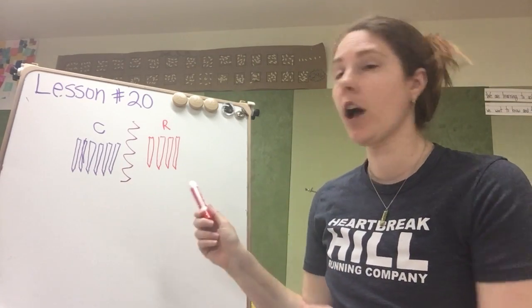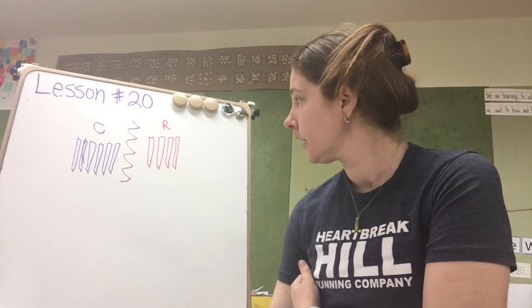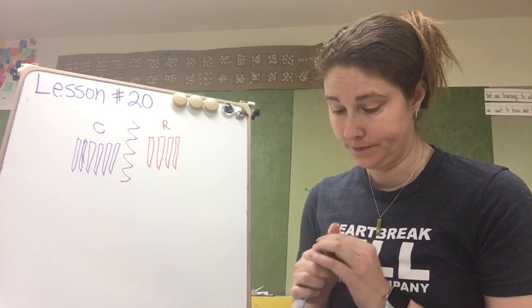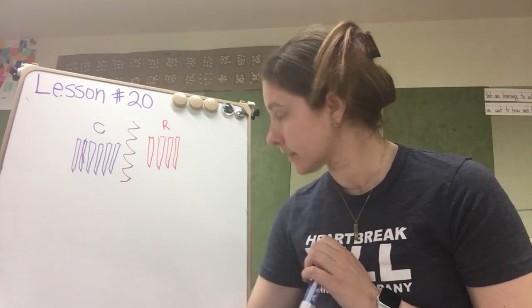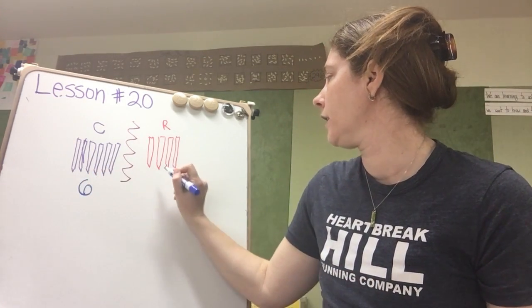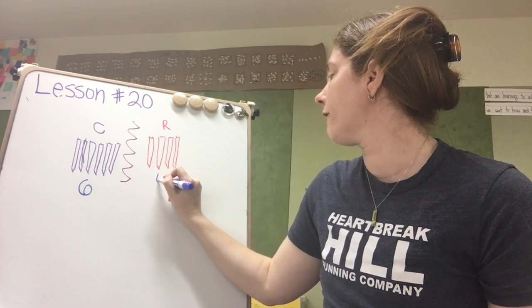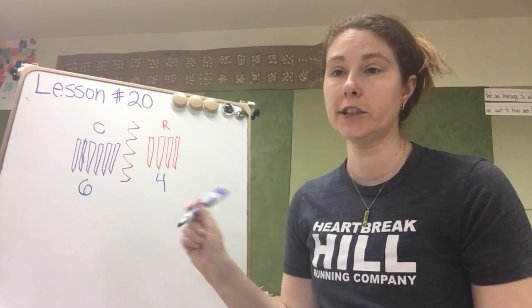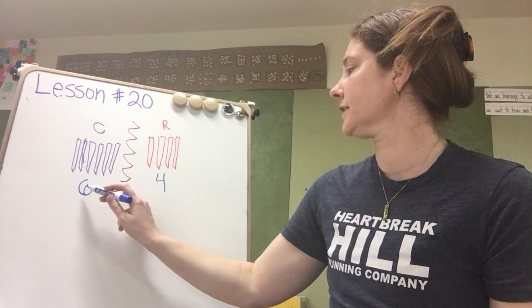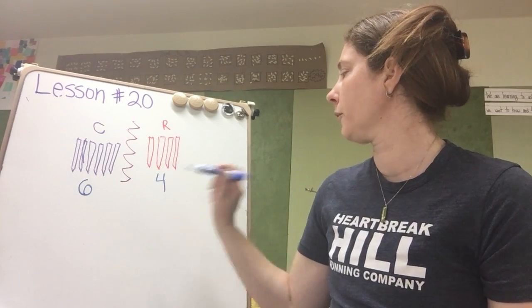So now I have all of my parts drawn out, and now it's time for my number bond. Actually, let's label. There's 6 here, right? 6 colored and 4 regular. So I just identified it now. 1, 2, 3, 4, 5, 6 colored, 1, 2, 3, 4 regular.